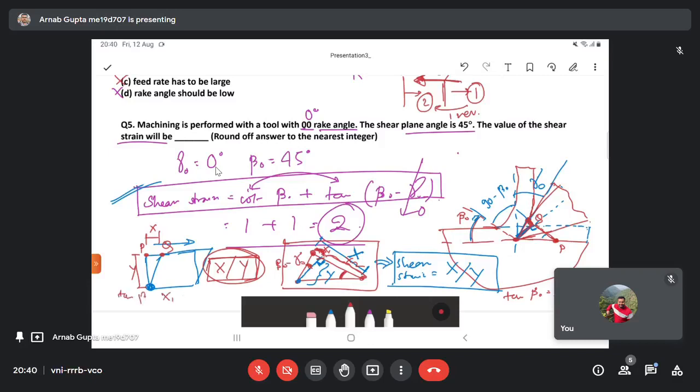tan beta naught is equal to x1 divided by y. So x1 plus x2, which is equal to x, will be nothing but y tan beta naught minus gamma naught plus y by tan beta naught.